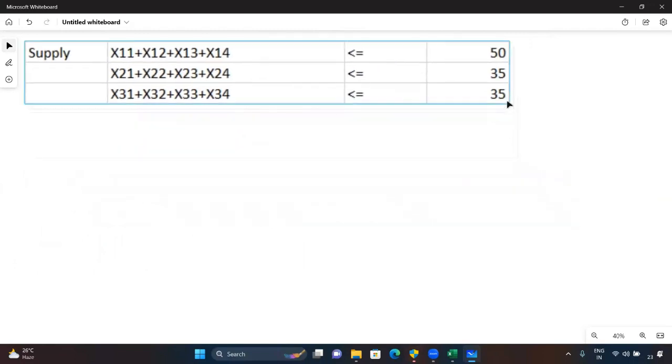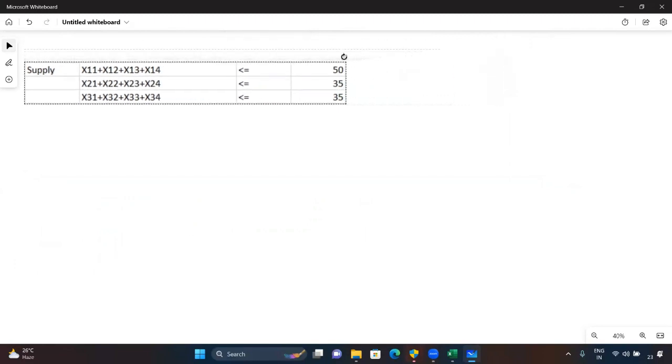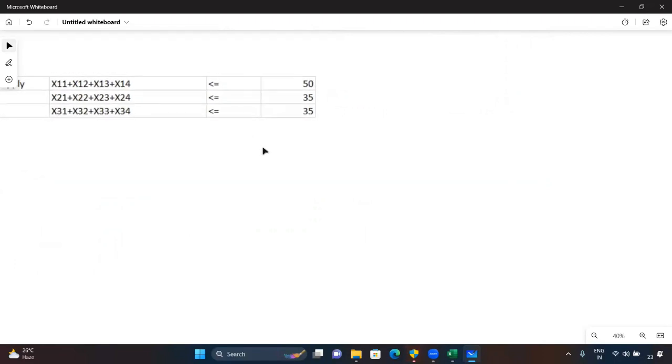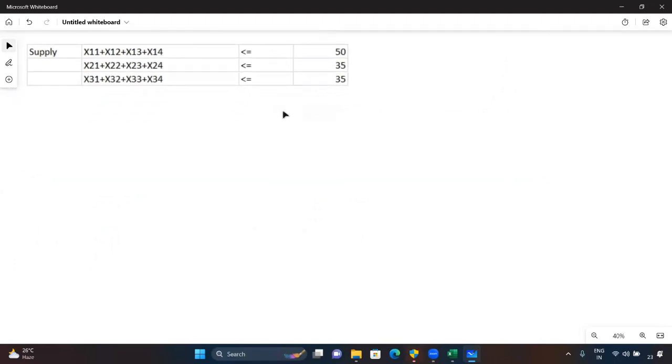Okay, in our last session, this was the supply mathematical model which we created from the English language. Now today we are going to create a compact mathematical model.